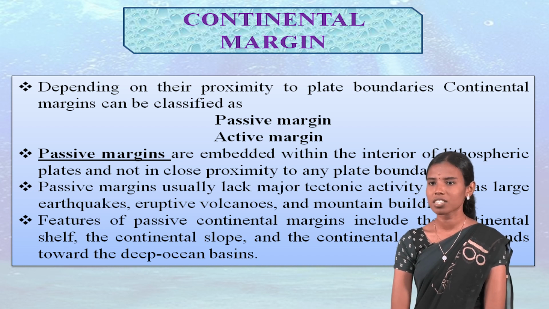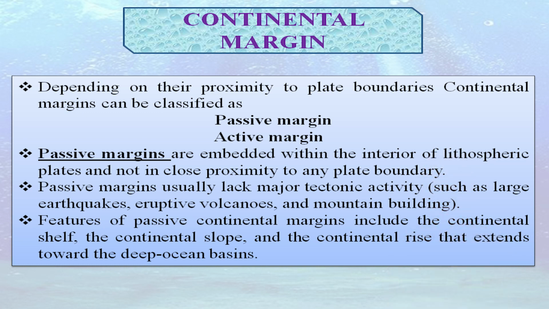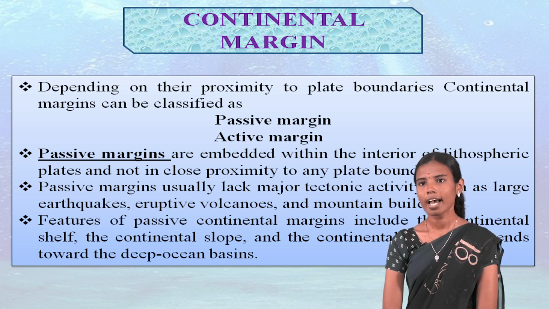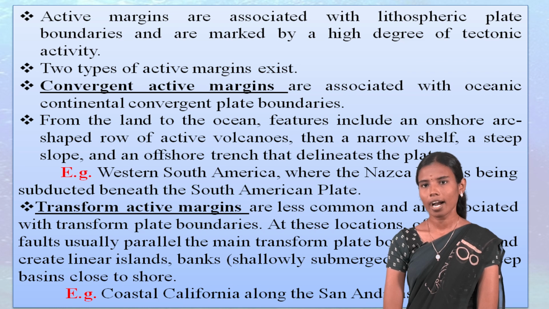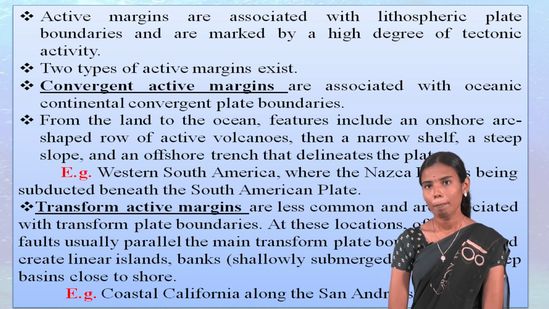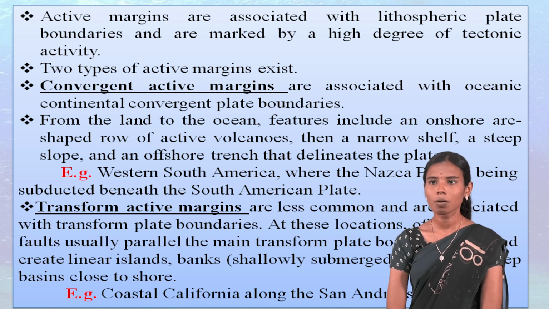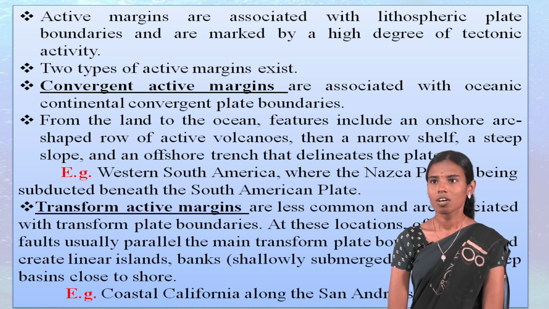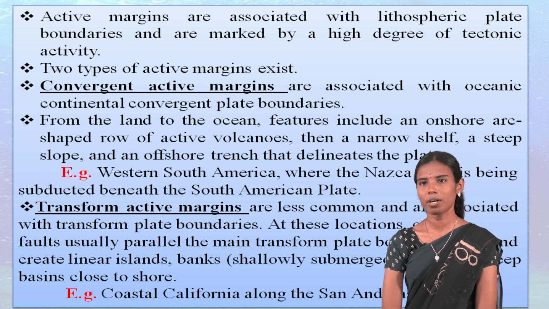Features located in the passive continental margins are the continental shelf, continental slope and continental rise that extends towards the ocean basin. Second is the active continental margin. Active continental margins are associated with the lithospheric plate boundaries and are marked by a higher degree of tectonic activities like earthquakes, volcanoes and mountain building.